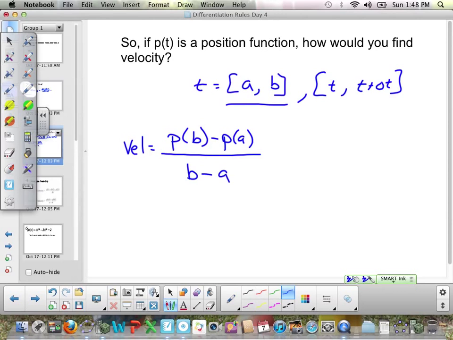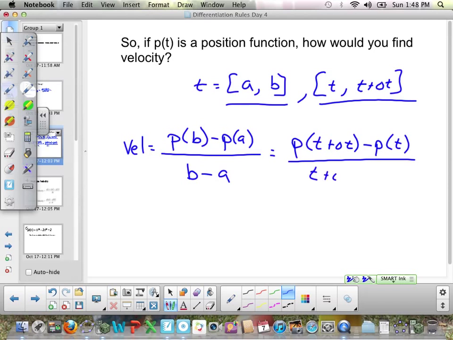If we look at this statement of time, we could say the position at time t plus change in time minus the position at time t, over time plus change in time minus time.